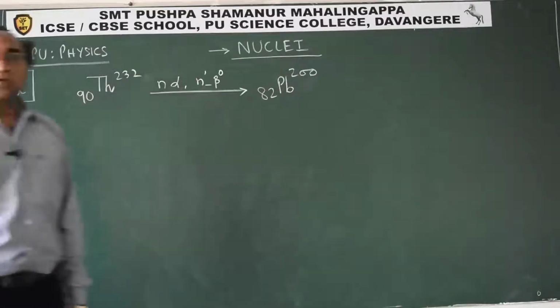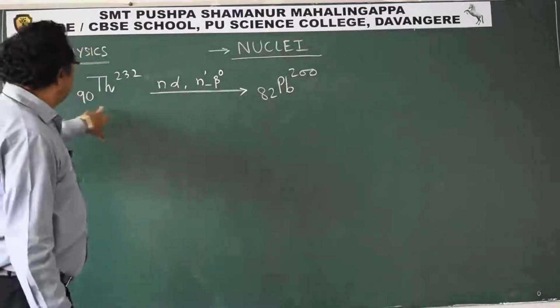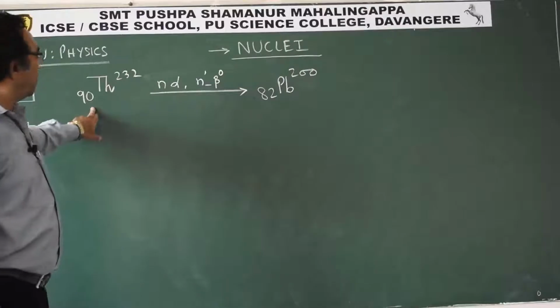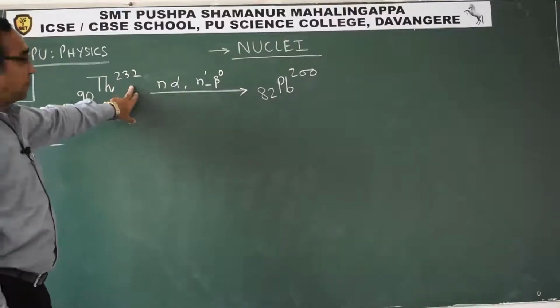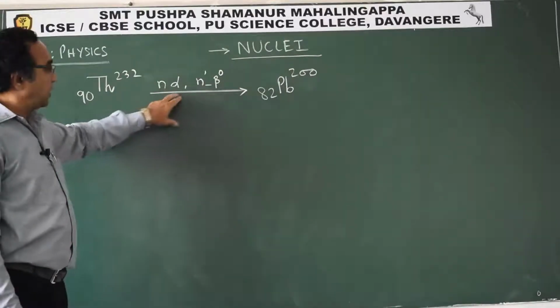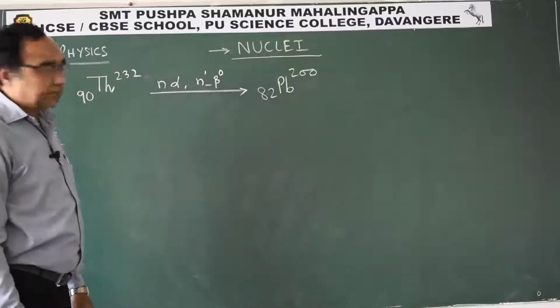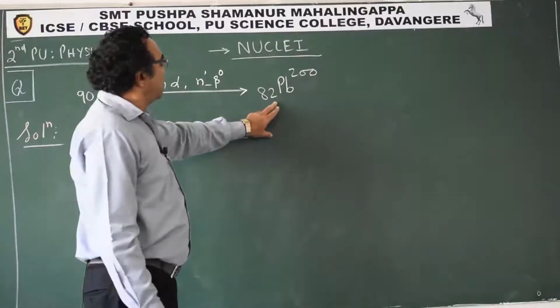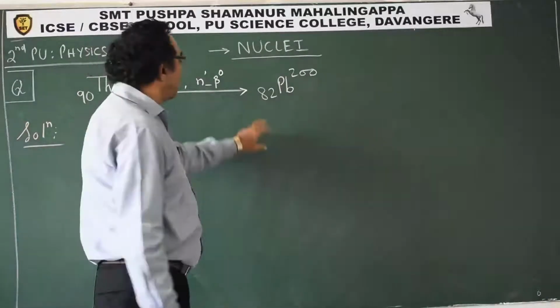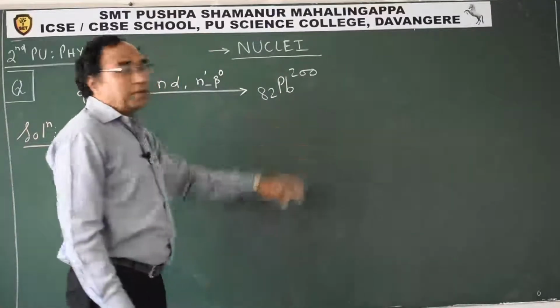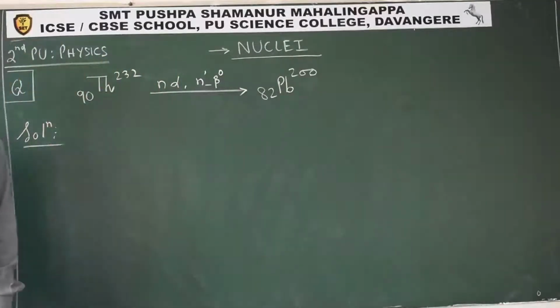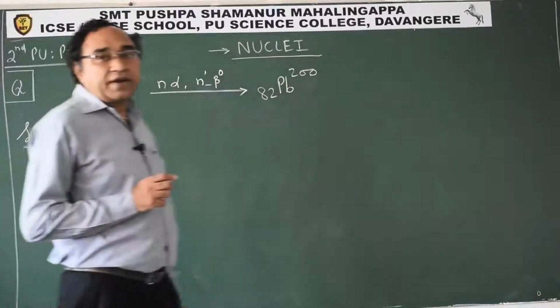Well students, one more question of the similar type. Thorium 90, thorium 232 emits some alpha particles n and some beta particles n dash to form a stable lead isotope 82 Pb200. Find the number of alpha and beta particles.